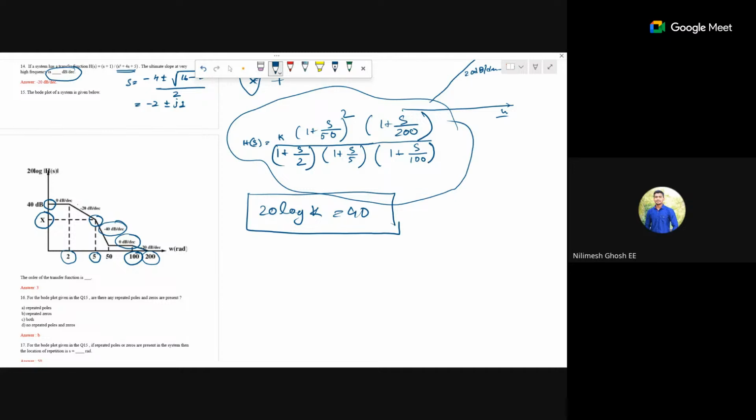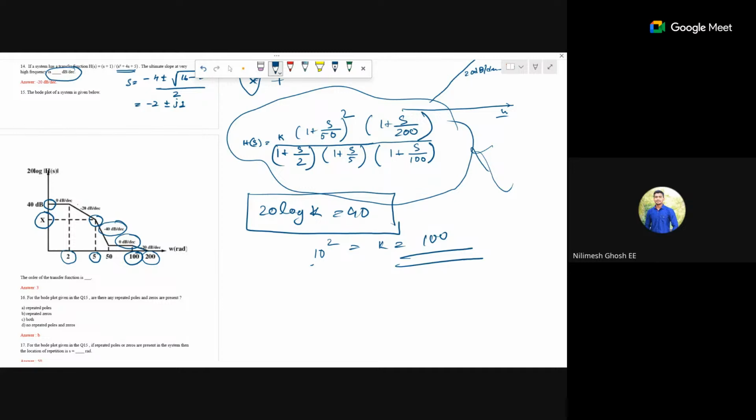This k value finding. See, our main work is done. So if we find this k value, what will it be? 10 to the power of 2, so k equals 100.